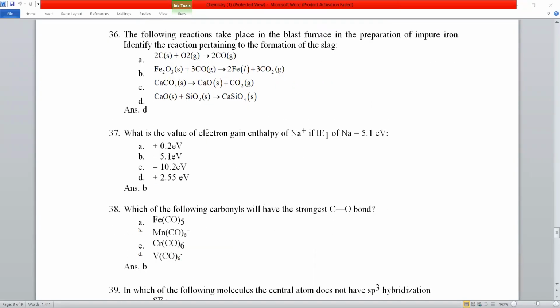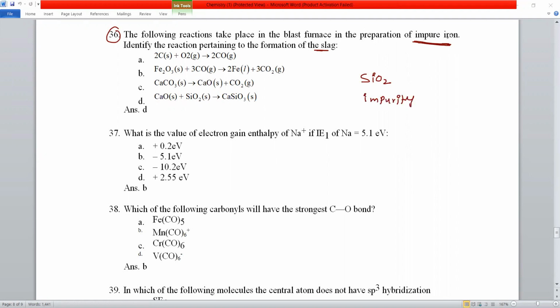Question number 36. The following reactions take place in the blast furnace, preparation of impure iron, and the reaction pertaining to the formation of slag. Nothing but to remove the impurities. In impure iron, what impurity will be present? SiO2 is the impurity.